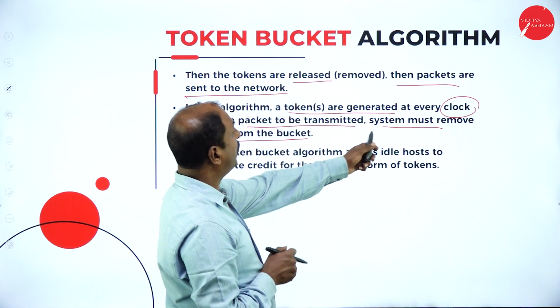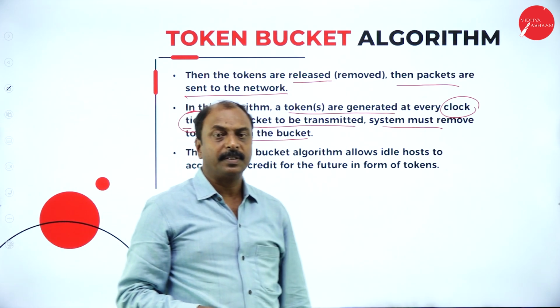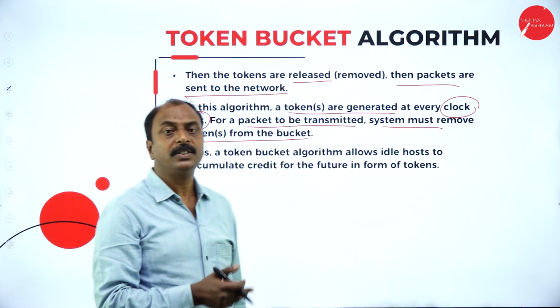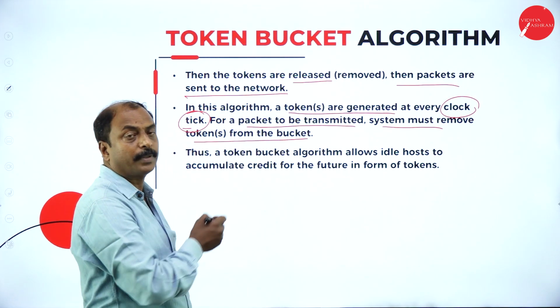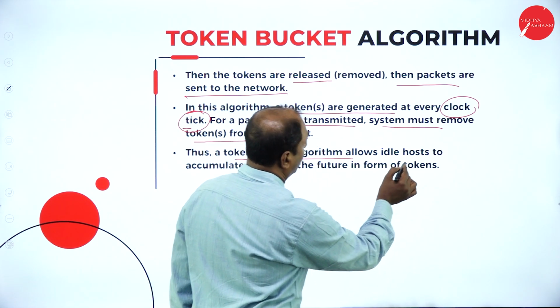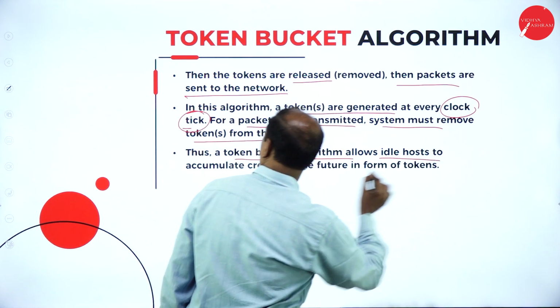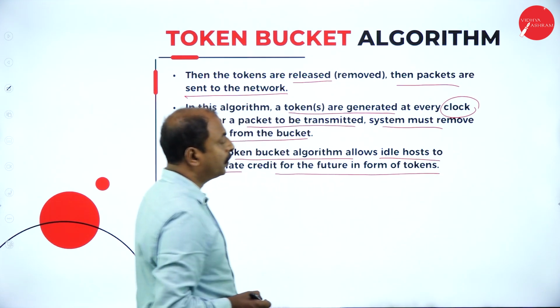So at regular intervals of time, tokens are released from the bucket so that the packets flow into the network. That is the concept in the token bucket algorithm. The token bucket algorithm allows an idle host to accumulate credit for the future in the form of tokens.